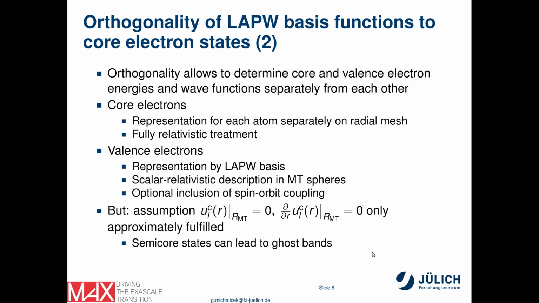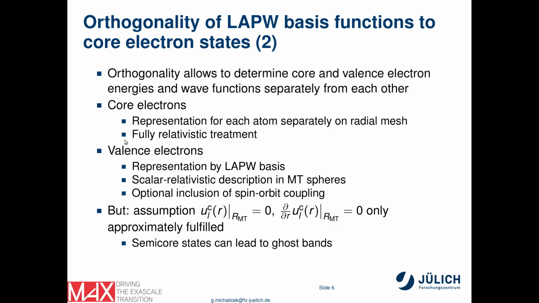So this orthogonality actually allows us to determine the core and valence electron energies and wave functions separately from each other. And what we do is we treat the core electrons for each atom separately on some radial mesh, and we do this in a fully relativistic treatment.